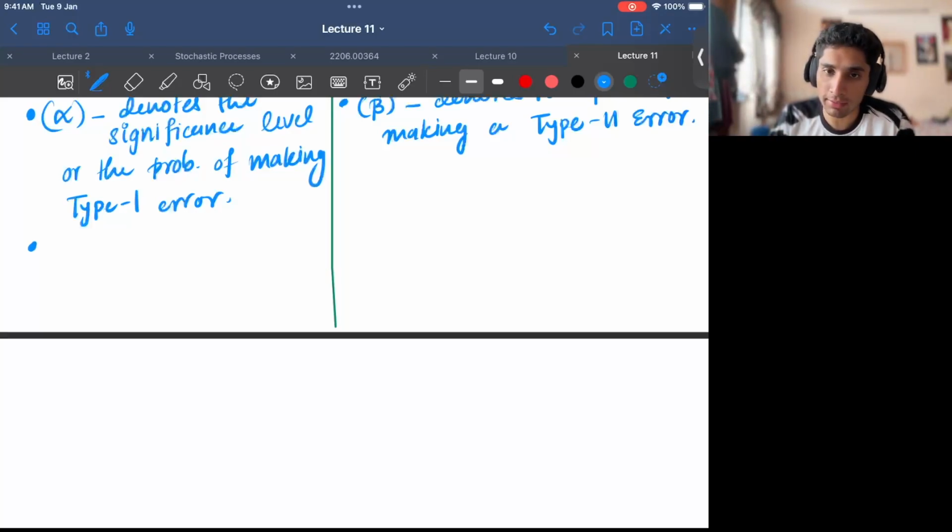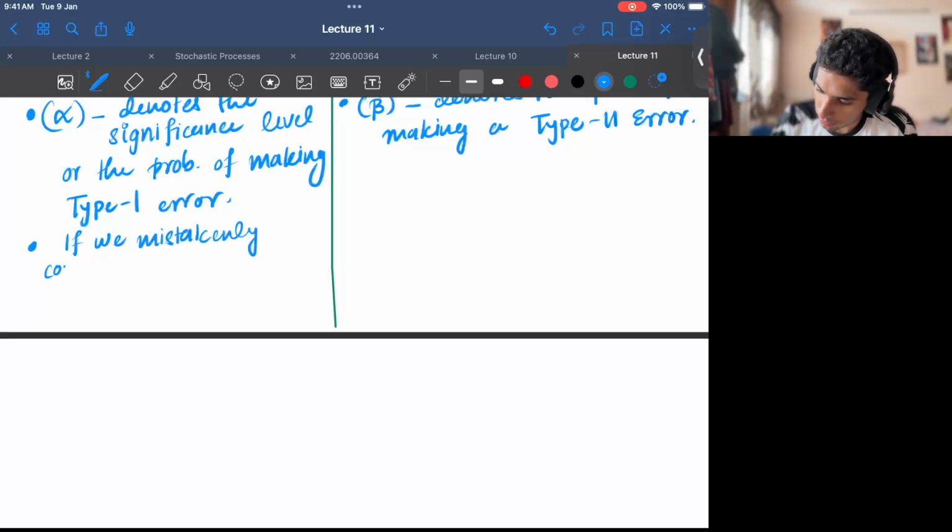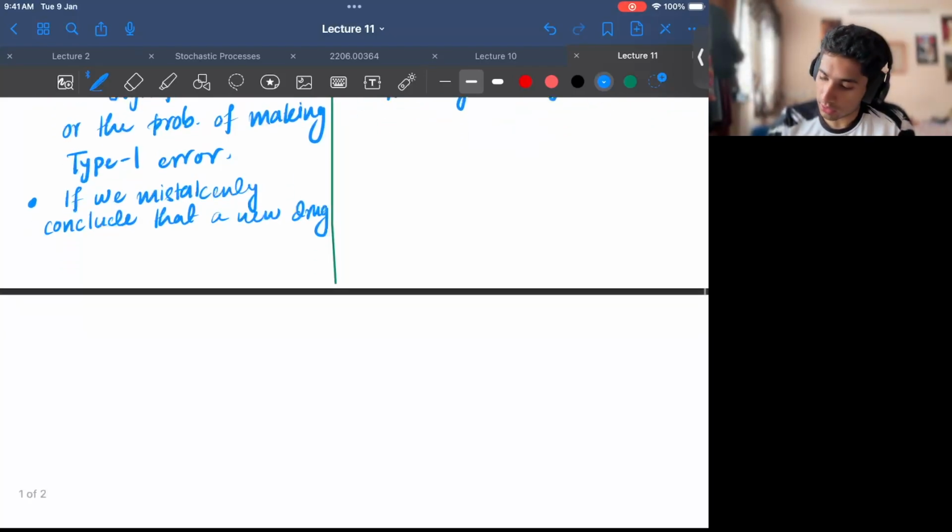A type 1 error will happen if we mistakenly conclude that a new drug is effective.